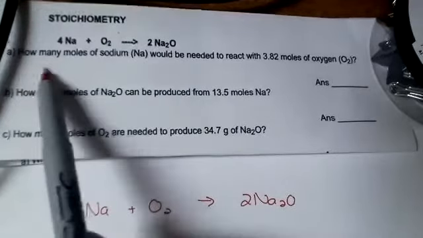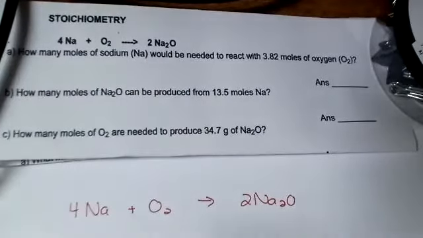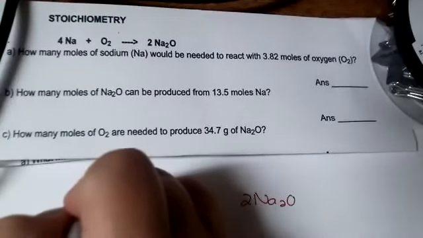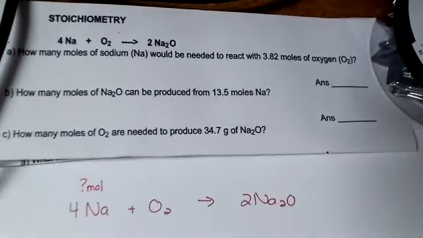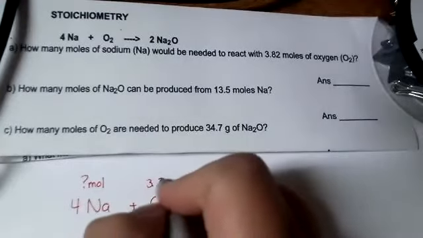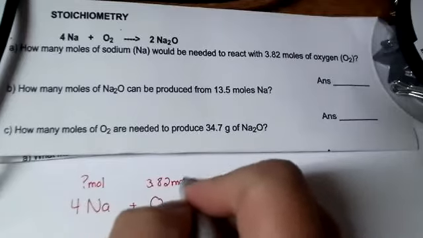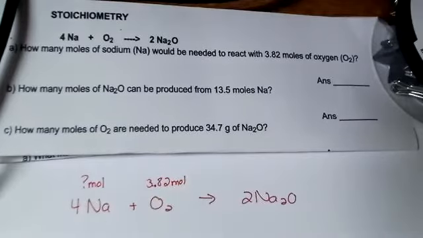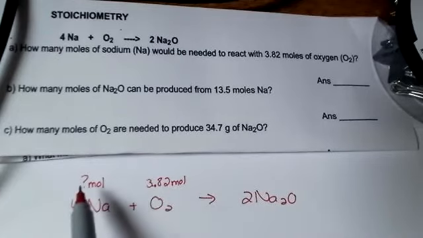They're asking me how many moles of sodium. So I'm going to come over here above sodium and make that my unknown, question mark mole. And then they tell us that we have 3.82 moles of O2.